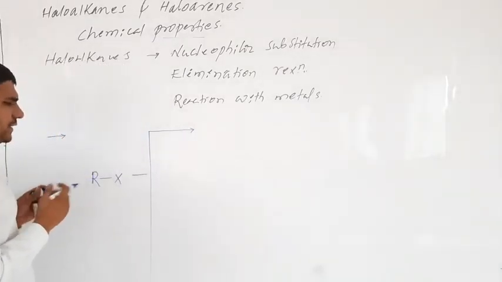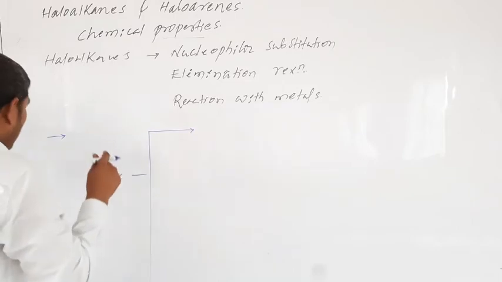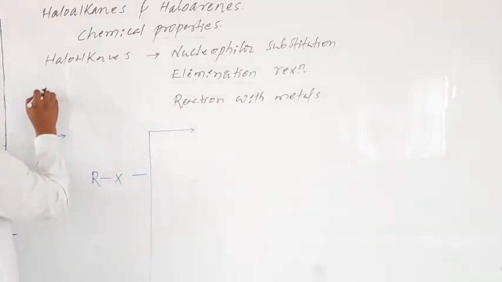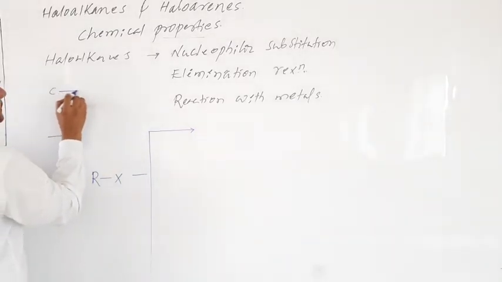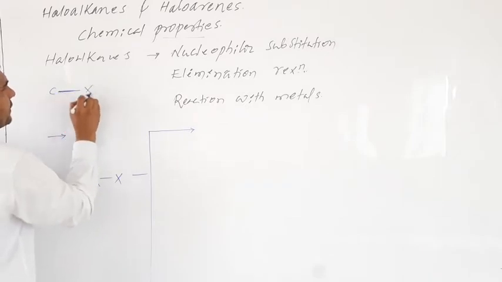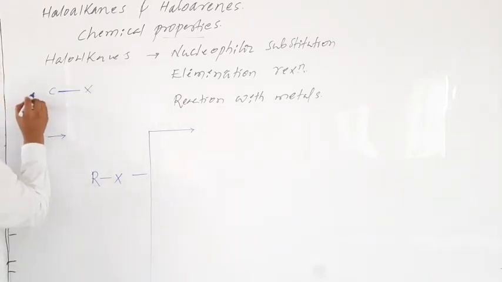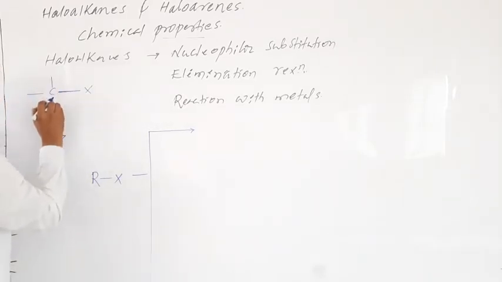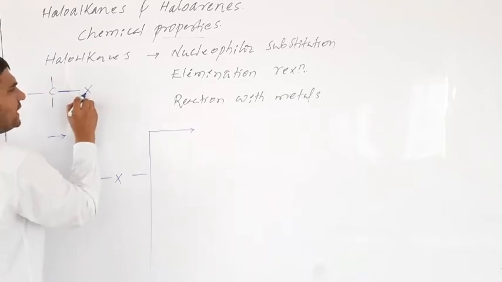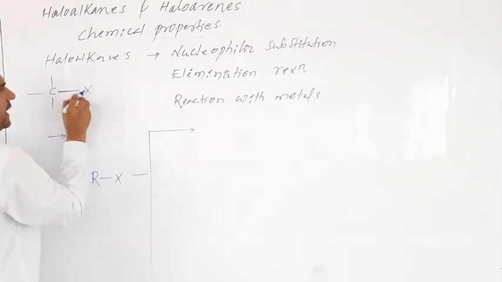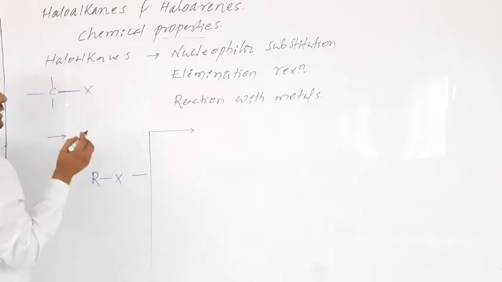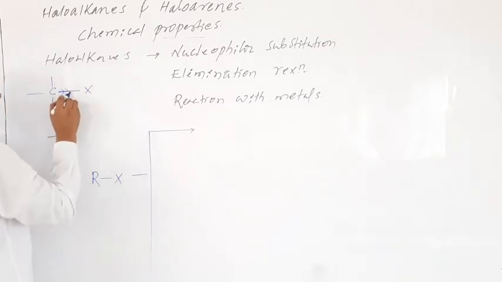In haloalkanes the CX bond is the reactive part. Remember this point. Over here, if you compare carbon and halogen, which one is more electronegative? Halogen is more electronegative.